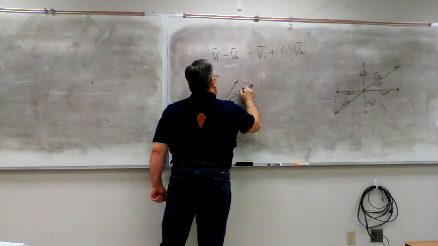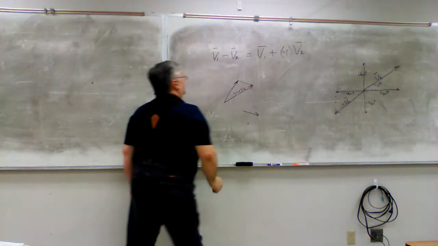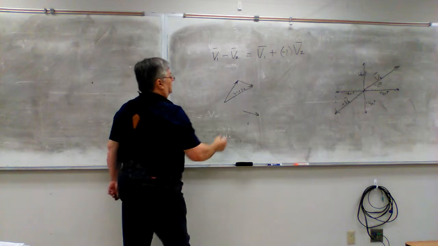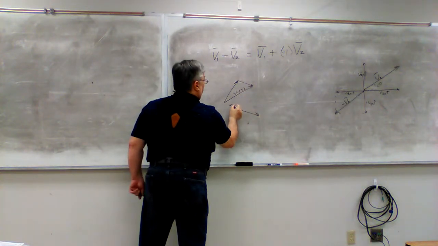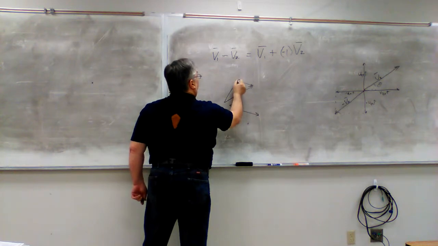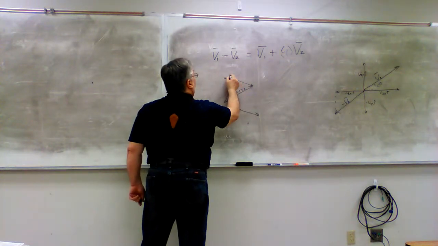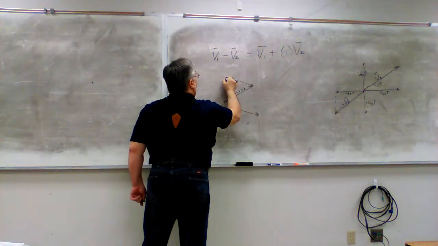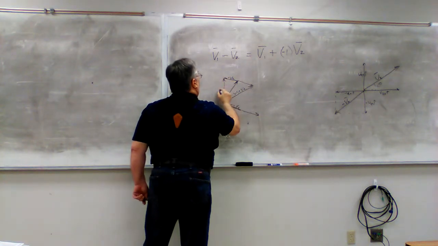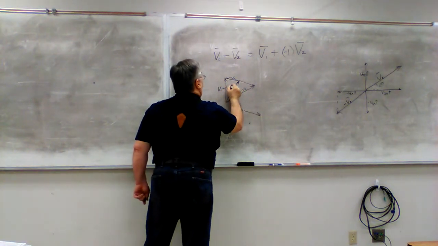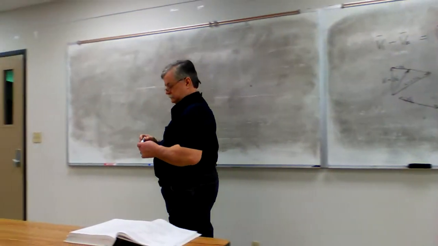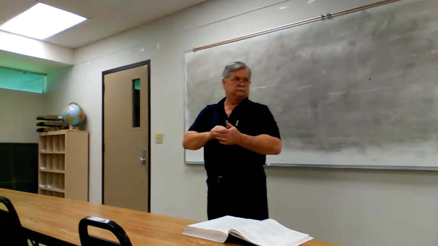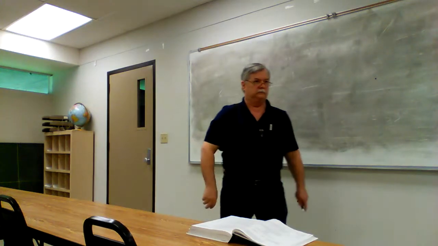You get v1 plus v2. What if you subtract them? What's the negative of this? You get a very different result.